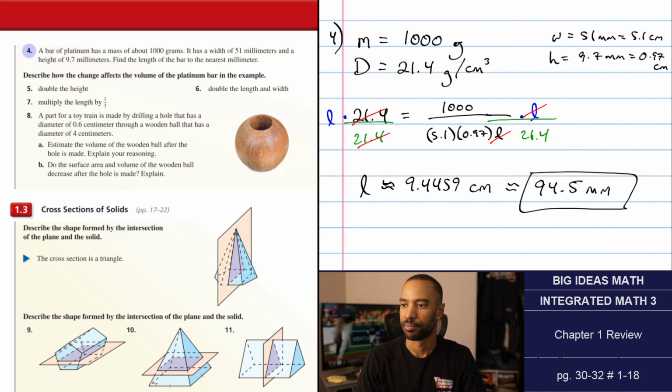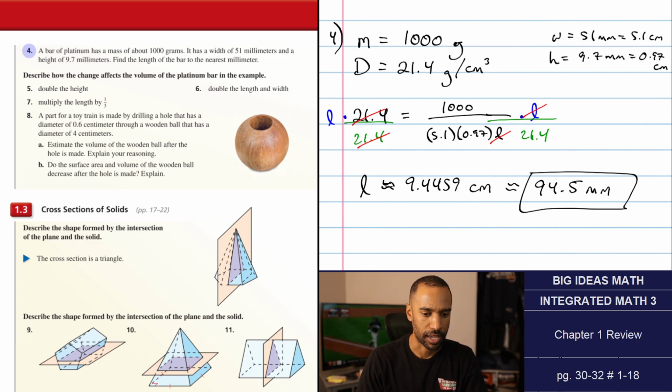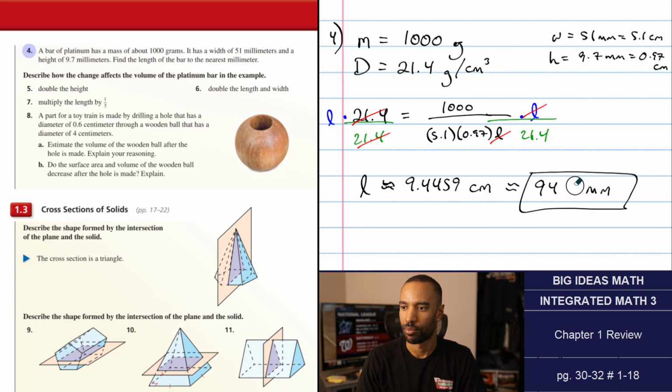Looking pretty good. Did they say to the nearest millimeter? I'd say 95. Oh, wait, what was it? 94.45. So around 94 millimeters then. Still trying to answer the question being asked. They said nearest millimeter. We got it.